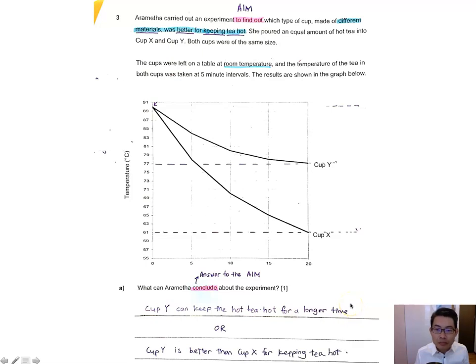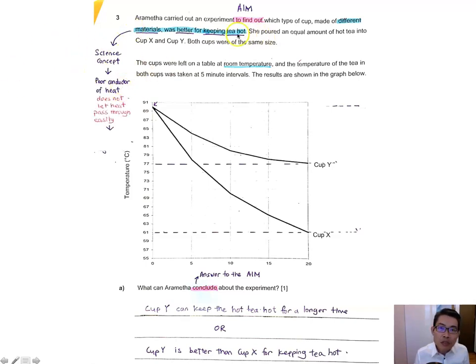However, if I just look at the graph in this very simplistic way, I will find it difficult to answer part B. So let's unpack the graph here with more understanding. Again, always go back to what is the concept being tested. We talk about hot, talk about different materials. This must be under the topic of heat. It must also be under the concept of heat conductivity of materials.